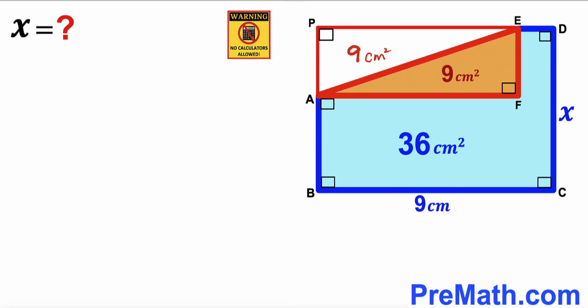Now we are going to focus on this big rectangle BCDP. This big rectangle BCDP consists of these three areas: this 36 square centimeters, this 9 square centimeters, and likewise this 9 square centimeters as well.